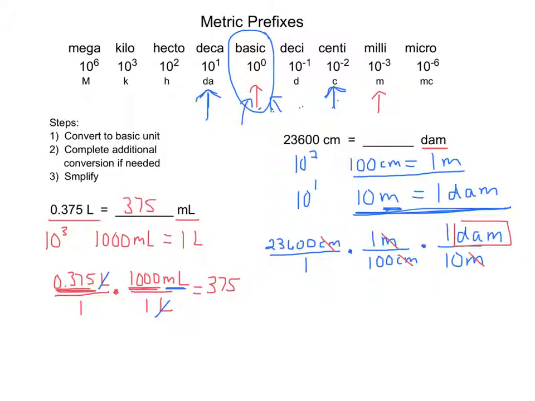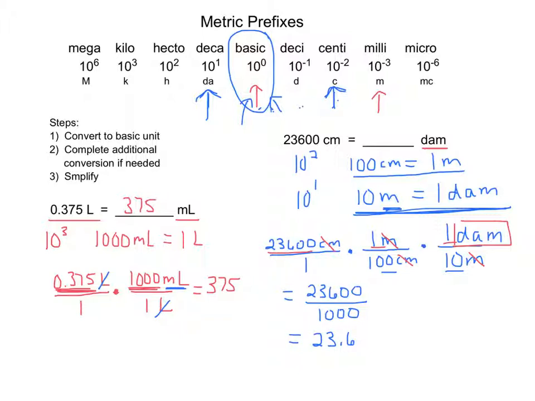So I can go ahead and multiply across the top, which would give me 23,600 divided by, now 100 times 10 is going to give me 1,000. So if I simplify that down, I'm going to get 23.6.